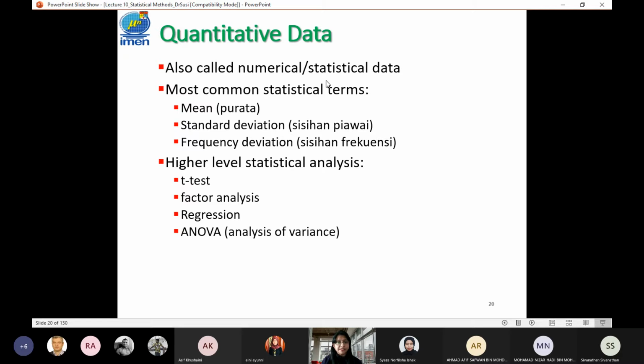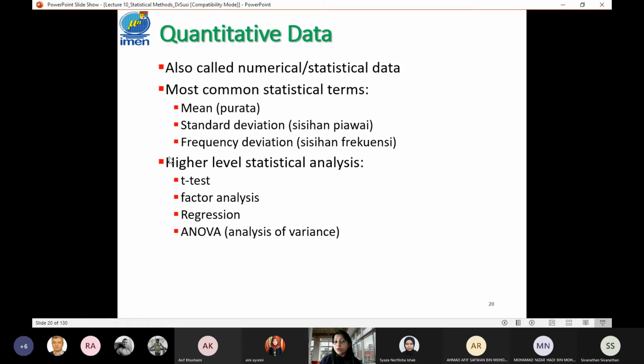Quantitative data, you also call it numerical or statistical data. The most common are mean, standard deviation, and frequency deviation. In Malay, it's called purata, sisihan piawai, and sisihan frekuensi. Higher level statistical analysis: do you need to do this? It depends on what kind of experimental work you are doing, and on the needs your supervisor has according to the grant requirements.